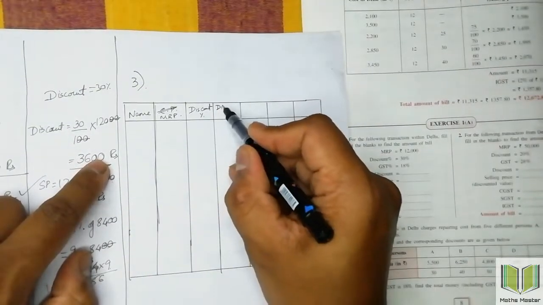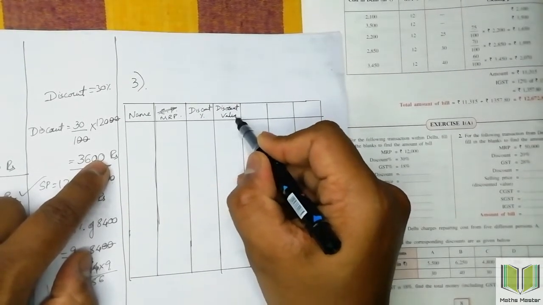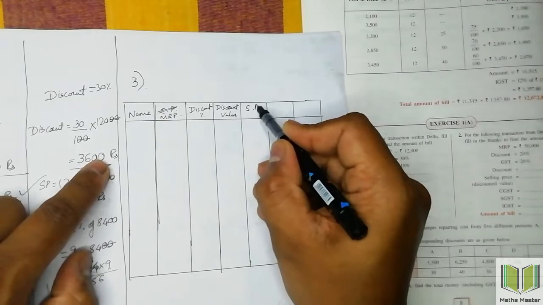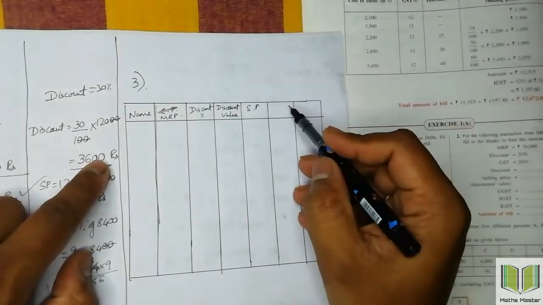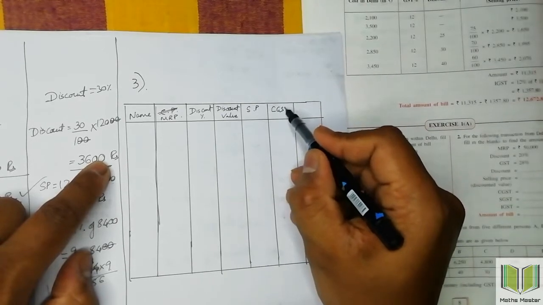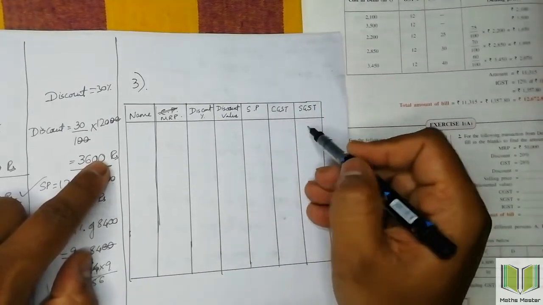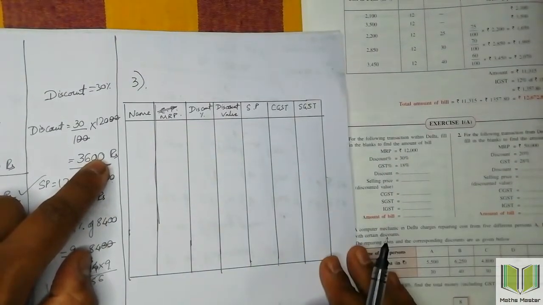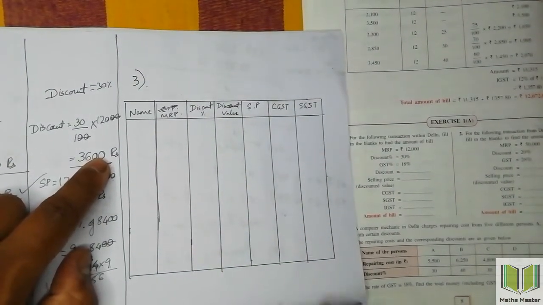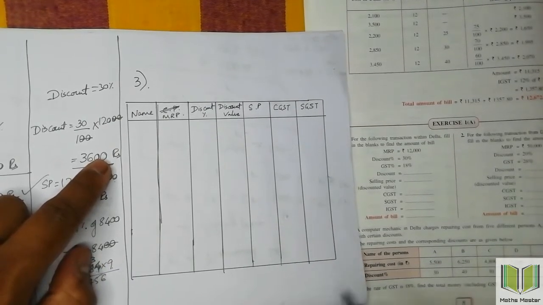And this is discount value. This is the final selling price, and this will be my CGST and this will be my SGST. SGST and CGST will be the same value, but you need to write both in terms of solving these problems. It is a method of solving.